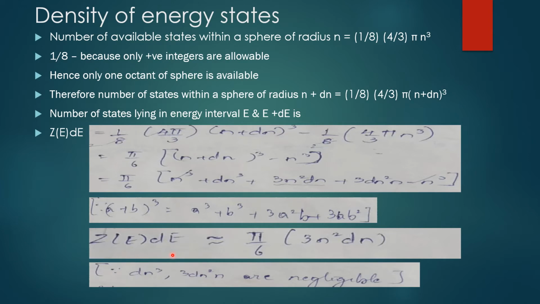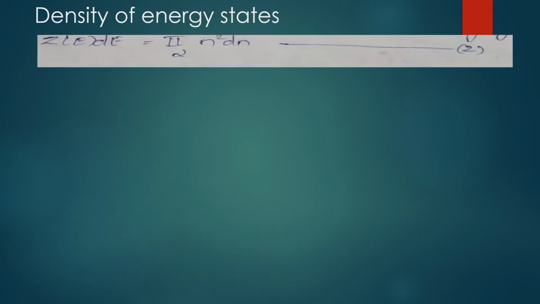Neglecting the higher powers of dn, since dn³ and 3dn² n are negligible, we get Z(E)dE as π/6 × 3n² dn. Hence Z(E)dE is equal to π/2 n² dn, equation 2.